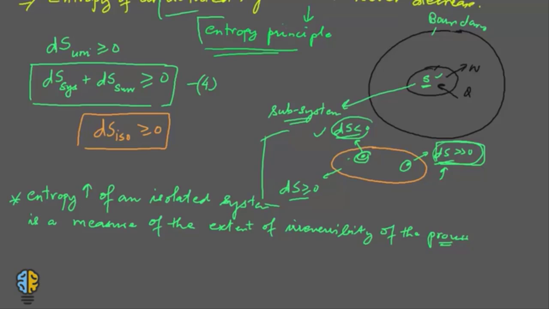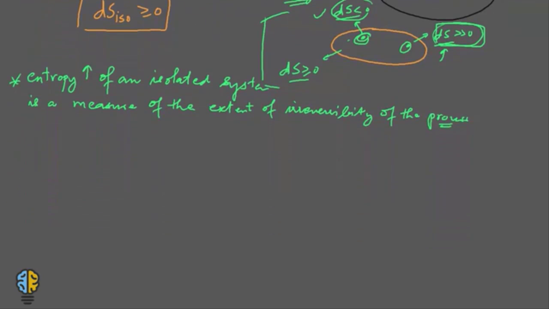Now let me draw a diagram. This is the entropy of an isolated system, and this is x, which shows any state of the system, any random state.